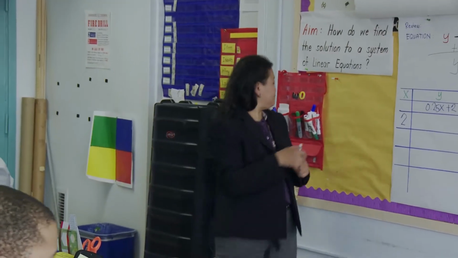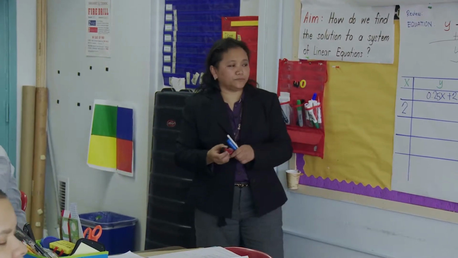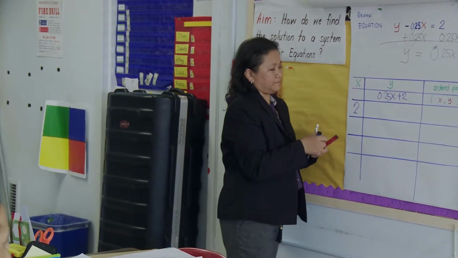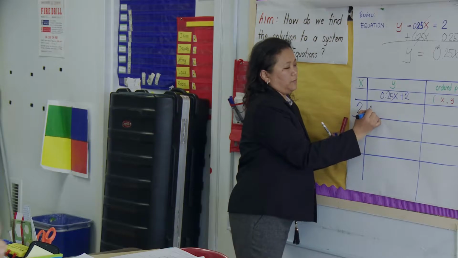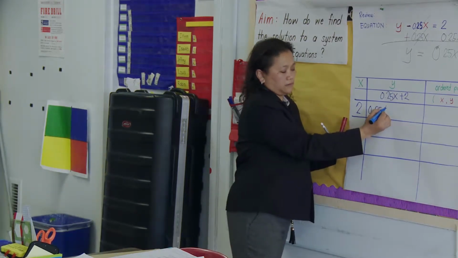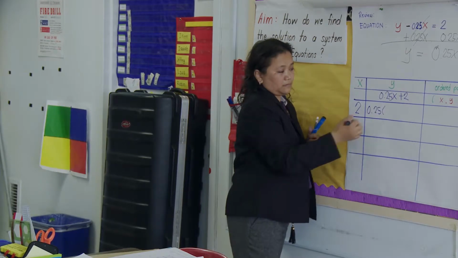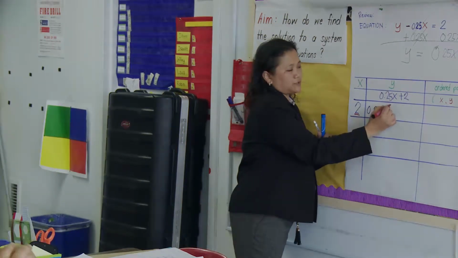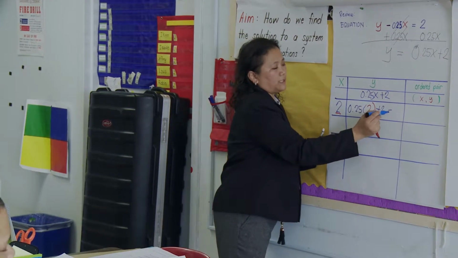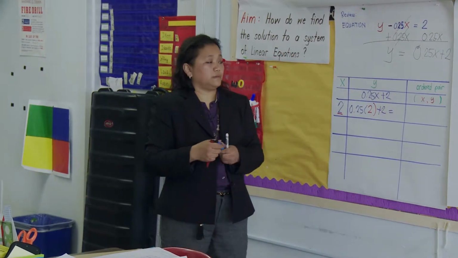We multiply. We multiply with what? 0.25 times the value of x, which is 2, and continue.